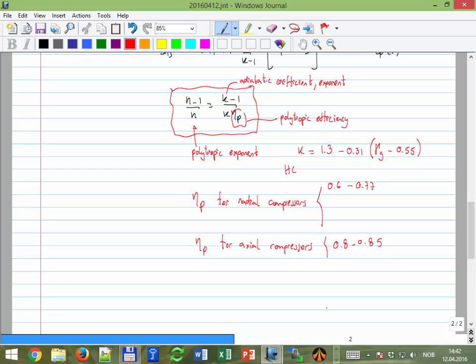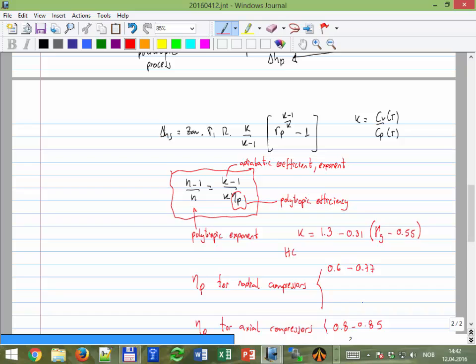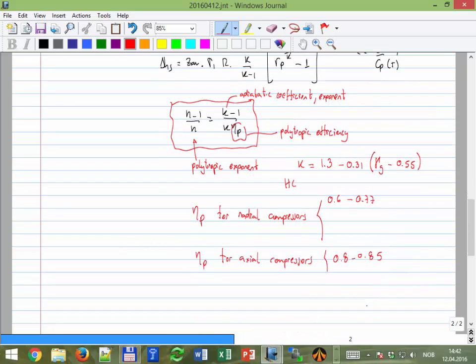Okay, so we have almost everything. We have the way to calculate temperature. How do we calculate power? For our class exercise, the polytropic efficiency is equal to 0.73.